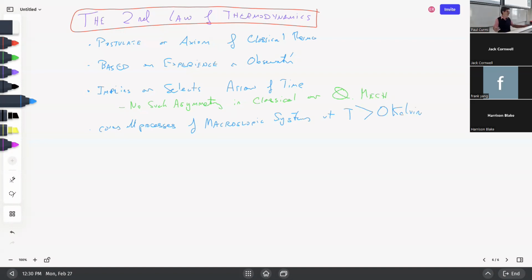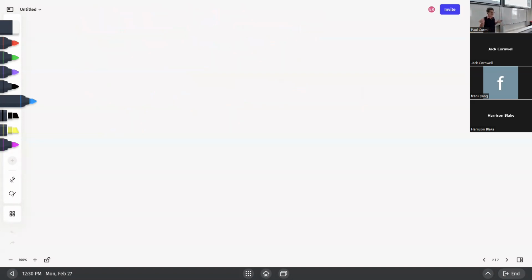Okay, if you're at T greater than 0 Kelvin, the second law applies to you. You can't escape it. Okay, so this law was basically stated in a number of different ways. Each of these ways is equivalent. So I'm going to call this statements of the second law.